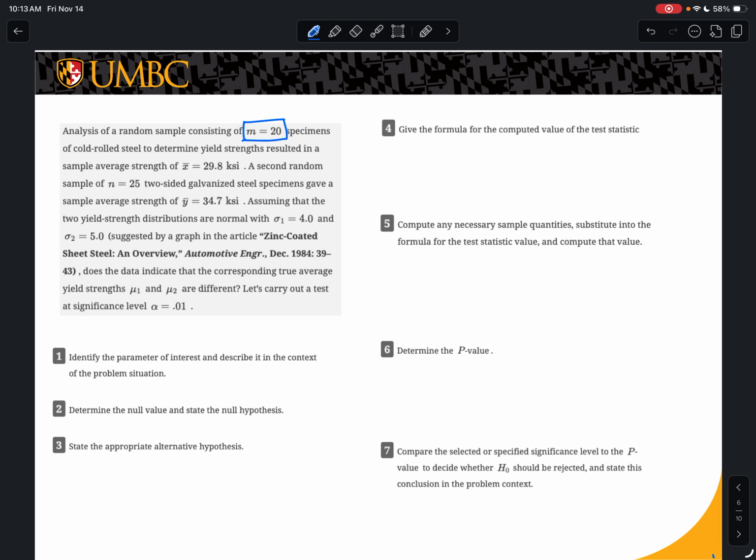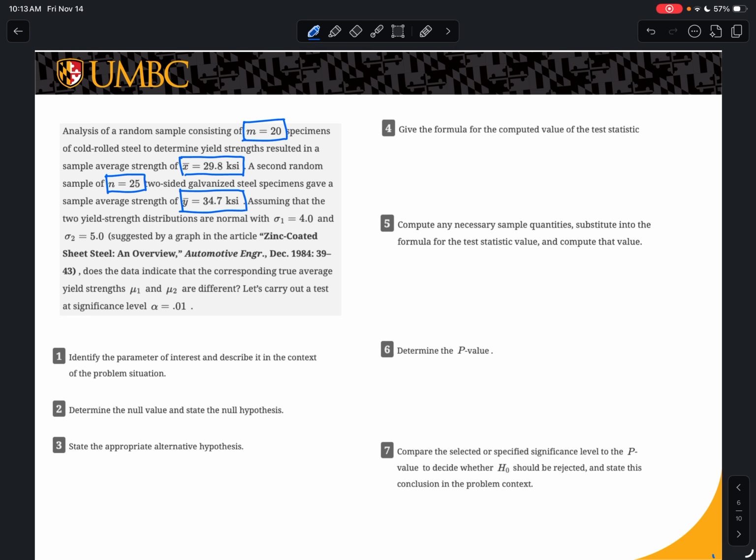This is 20 specimens of cold rolled steel to determine yield strengths. So the sample average strength was this x bar here. Then we had another sample, and this is not from cold rolled steel, but two-sided galvanized steel. So that's what makes this population different. And its sample average strength was y bar.